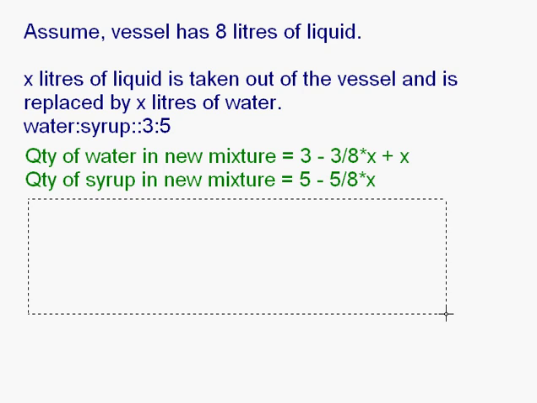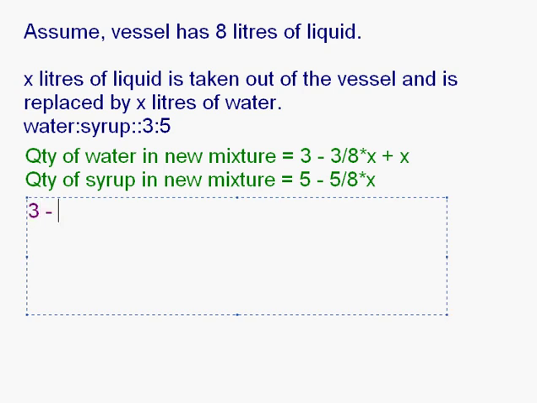When we equate them, we get 3 minus 3 upon 8 times x plus x is equal to 5 minus 5 upon 8 times x. If you solve this equation, you will get x equal to 8 upon 5. So this is the value of x.